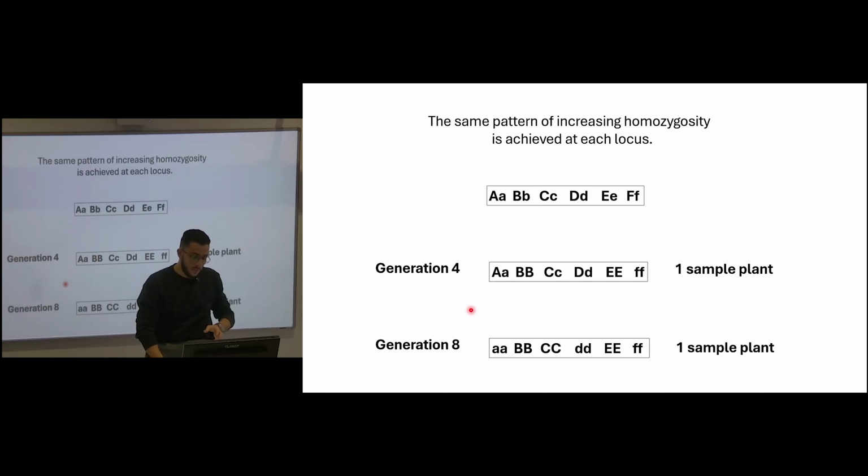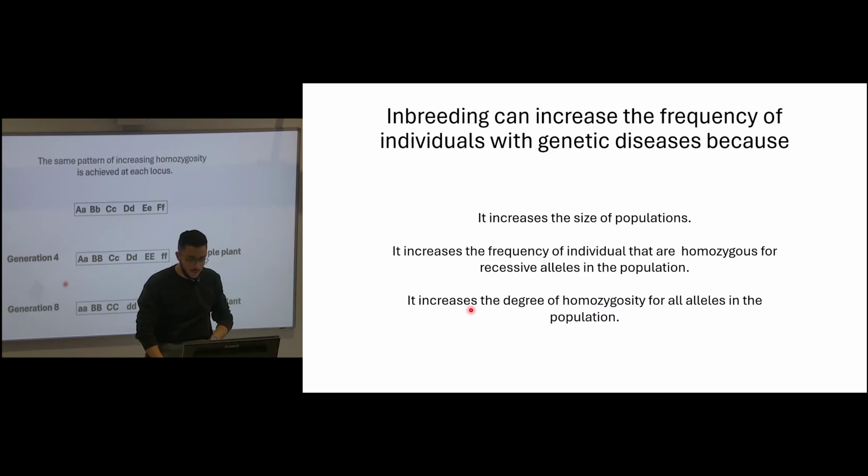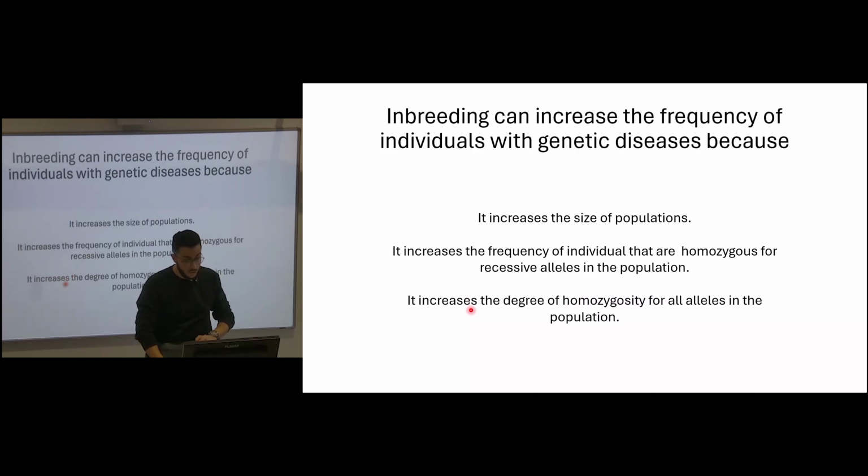Actually, there's something similar to this for humans, and this is when there's inbreeding within the family, and we'll be looking at how that increases the risk of diseases. So look at the slide right there. Inbreeding in humans and animals will increase the frequency of genetic diseases, as I said last class.